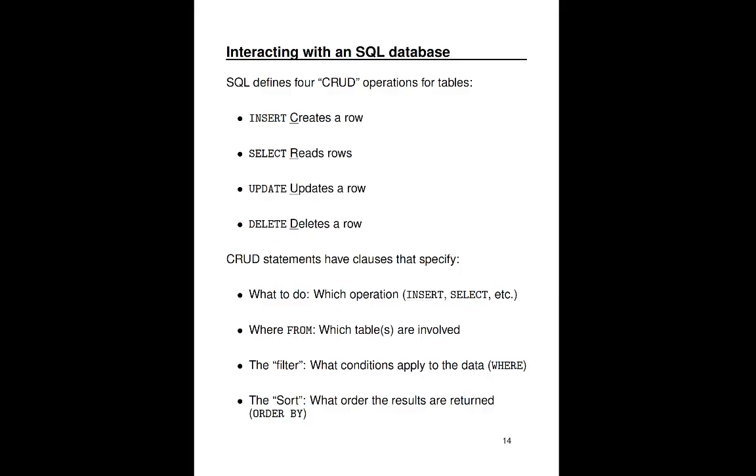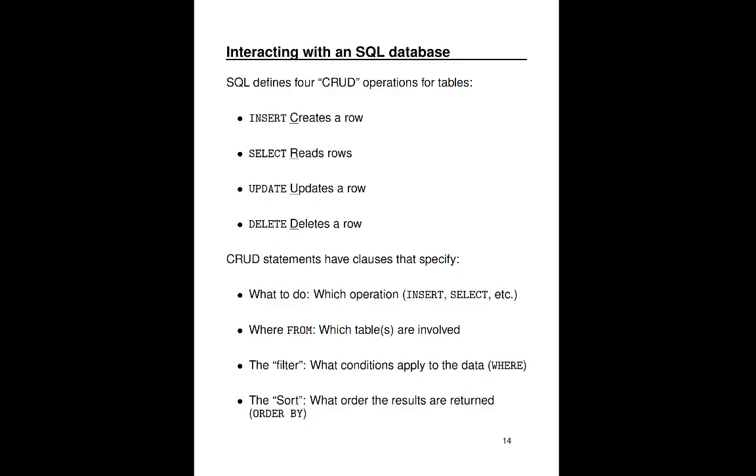Now, you need to tell the CRUD operation what data you want it to work on. In addition to having your insert or your select, you also need to tell it what tables are involved, and this is the from portion or from clause of the CRUD statement. You can also have a filter on the data, which will tell which conditions apply to the data that you're looking for. So maybe you are doing a select, and you want to say, well, I only want to read the rows that have been updated in the last 24 hours.